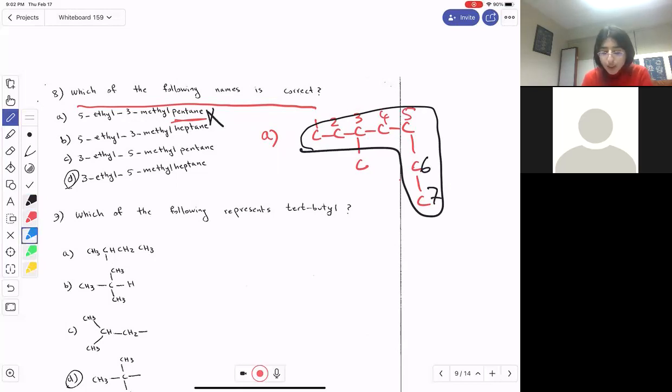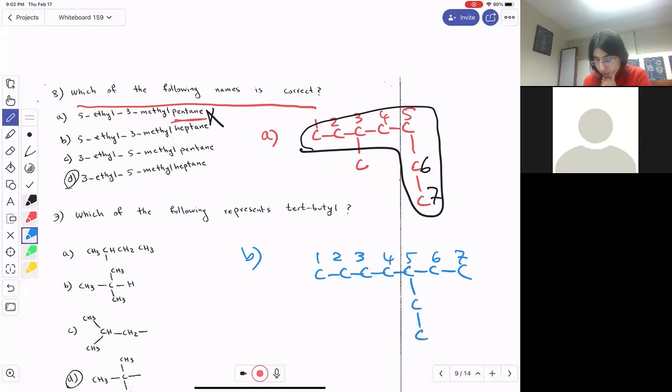What about the next one? B. Heptane. 1, 2, 3, 4, 5, 6, 7. 5 ethyl, 3 methyl, right? So what about this one? You see that if you go both directions, we reach the branch on the 3rd carbon, but which direction should we go?